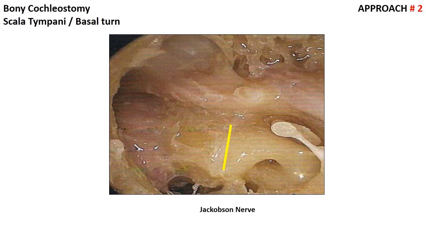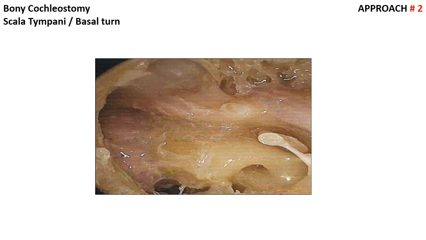This is the Jacobson nerve, and whenever you do the bony cochleostomy, you have to be posterior to this line, posterior to the Jacobson nerve, because in this area the bone is thin and the cochlea is superficial. If you go anteriorly, you will find that the bone is thick, and if you go far anteriorly, especially in case of ossifications, you might injure the carotid artery.